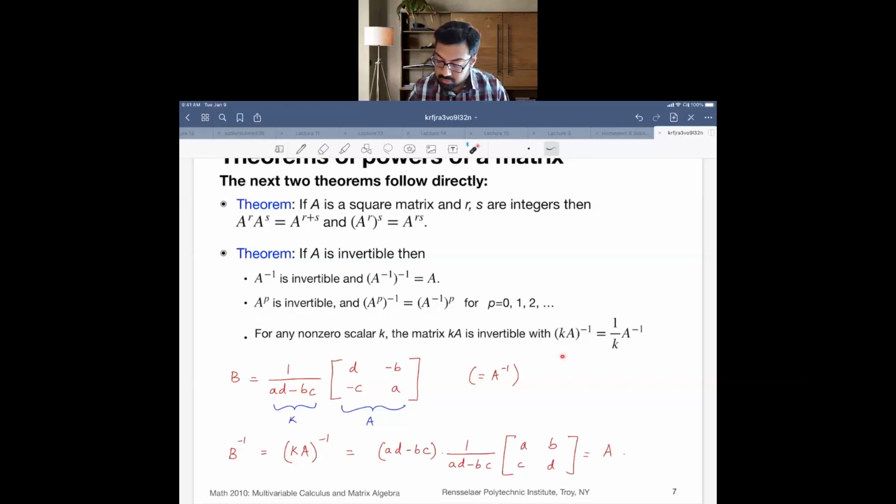So I'm using this for K, and all of this for A. So assuming that KA is invertible, when I did B inverse, which means KA inverse, what did I get? 1 over K multiplied by A inverse. So the inverse of A inverse gives you back A, and the K cancelled out. AD minus BC cancelled out with that. So this takes care of the inverse over there.